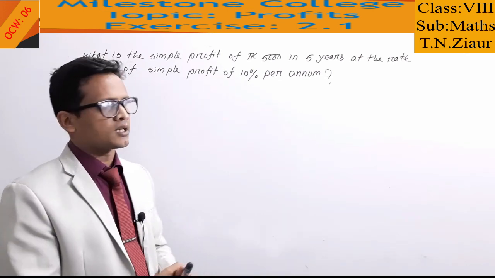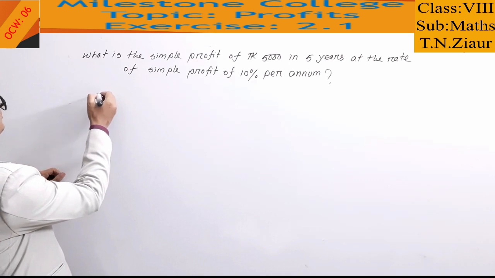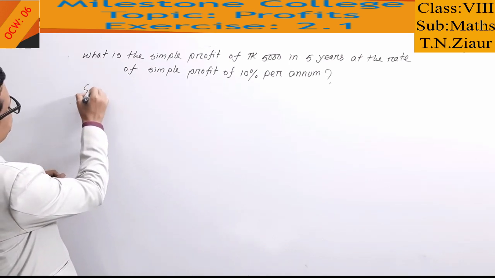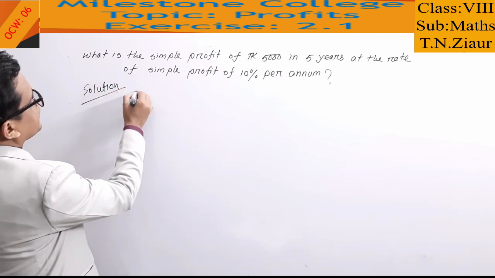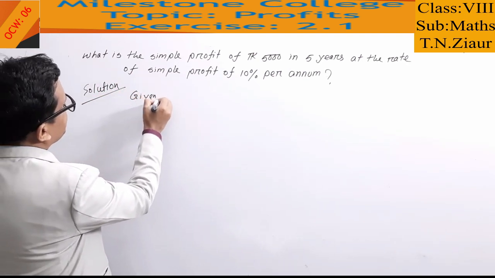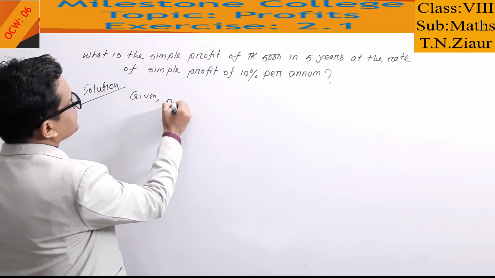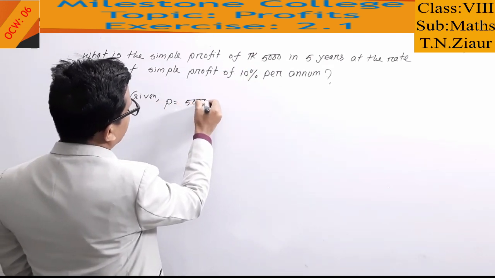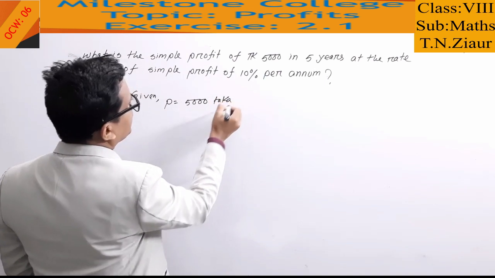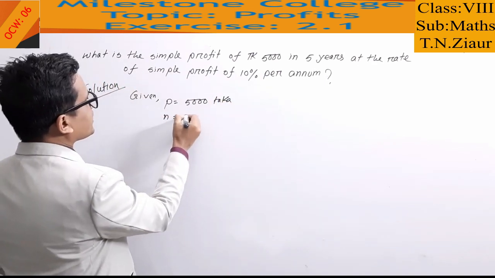Now check your answer. So now here is the given solution. Given P means principal of taka 5,000. This taka is the principal. Okay, and N is equal to 5 years.